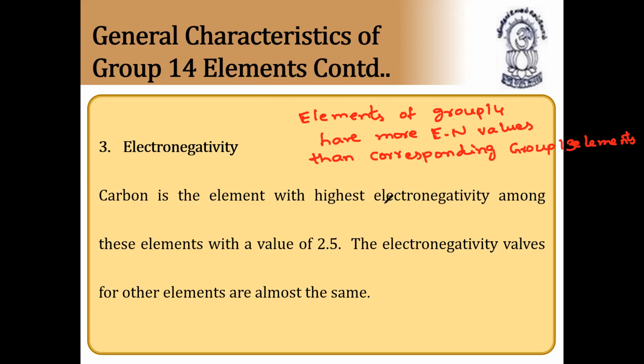Due to their small size, the electronegativity, however, decreases from carbon to silicon. Carbon is the element with the highest electronegativity among these elements, with a value of 2.5. The electronegativity values for other elements are almost the same.